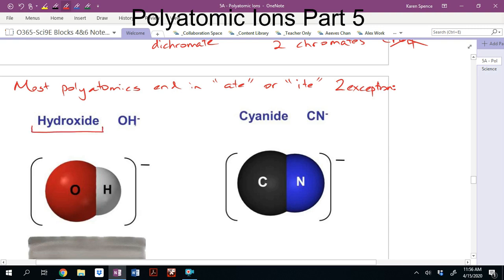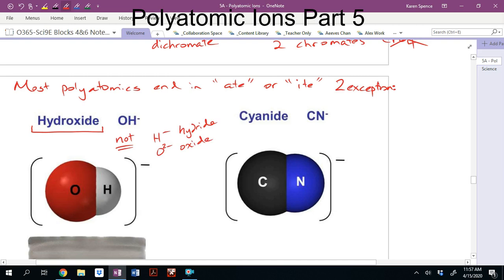Hydroxide is OH minus. It is not H minus, and it's not O minus. H minus is hydride, and O2 minus is oxide.